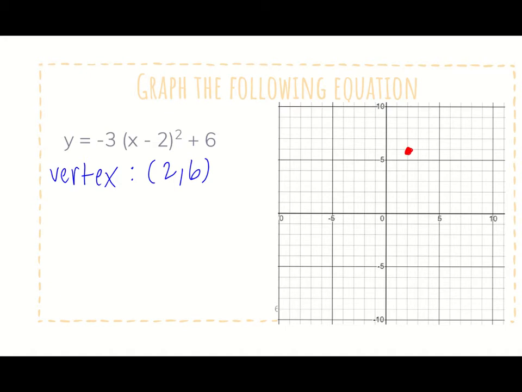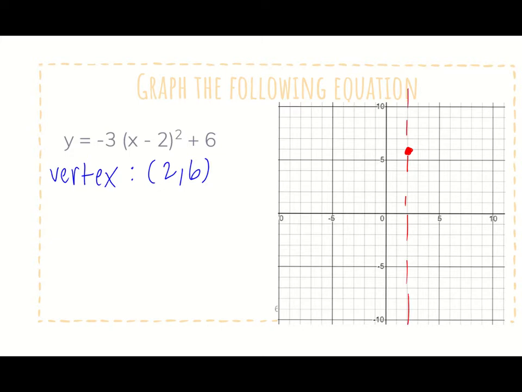And obviously, that's not enough. I need to have at least 2 other points on this graph. One thing that I can note here, actually a few things, is that my axis of symmetry goes through my vertex. So this is the middle of my graph.